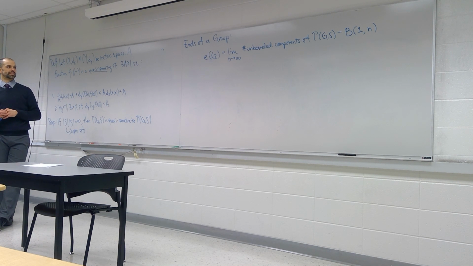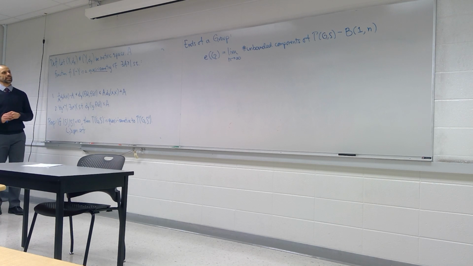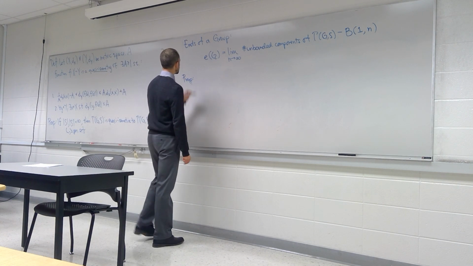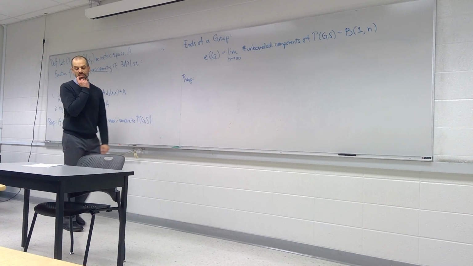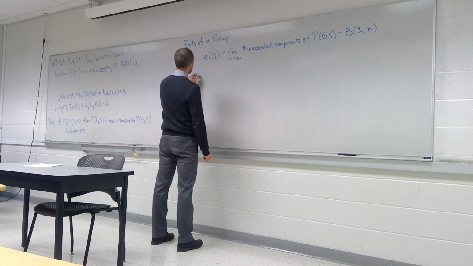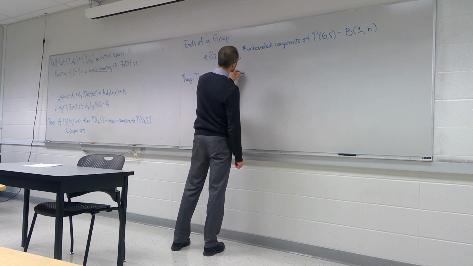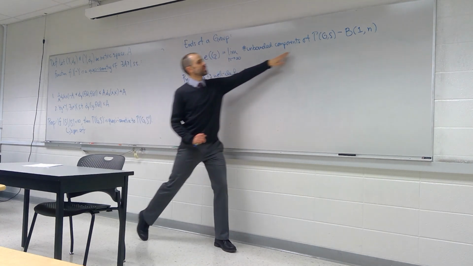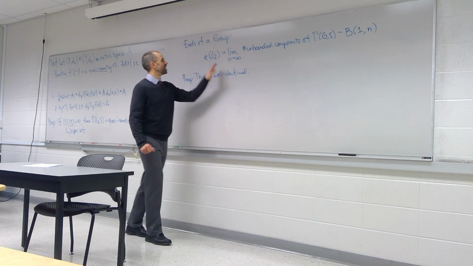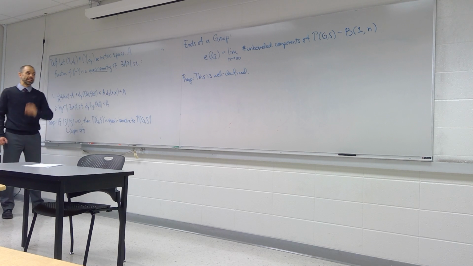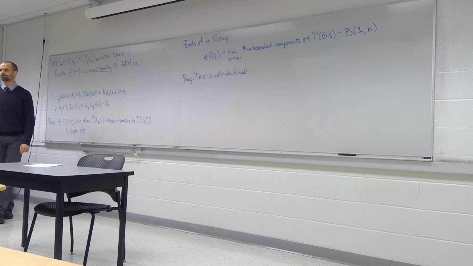All right, so let's go ahead and look at our examples so that you can get a feel for what this number is. And I should say, proposition: this is well defined. In order to compute this, I have the generating set S, but the proposition is saying that it doesn't depend on what generating set is used.